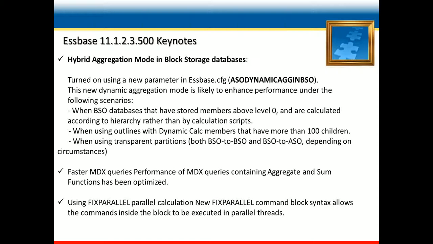This particular mode is likely to enhance performance in some scenarios, such as when BSO databases have stored members above level 0 and are calculated according to hierarchy rather than by calculation scripts, or when using outlines with dynamic calc members that have more than 100 children, or when using transparent partitions, both BSO to BSO and BSO to ASO, depending on the circumstances.